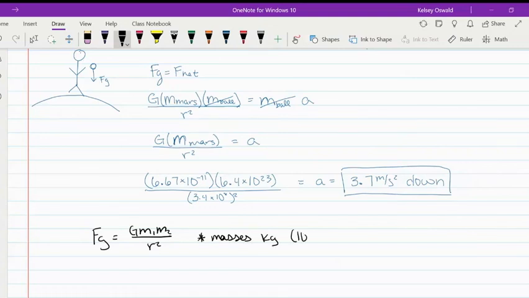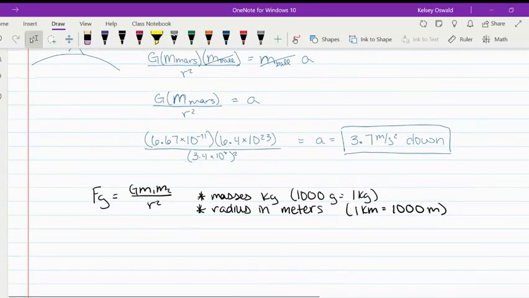If you see grams, make sure you convert that to kilograms. And vice versa, your radius needs to be in meters. So don't be fooled if you see kilometers, you want to convert that into meters.